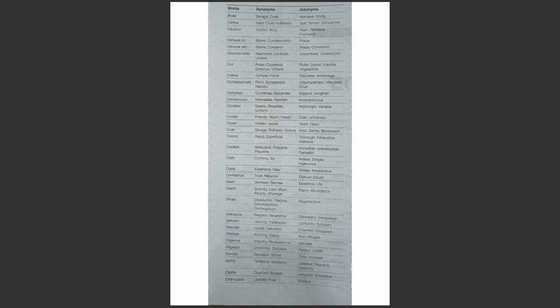The next word is credible. Credible work. कहते हैं ना कि he has done some credible work. Credible का मतलब होता है believable, probable, important, something that can be seen with the eyes. And the antonym of that would be incredible, unbelievable, fantastic. This looks a little fishy to me. Let me just check.